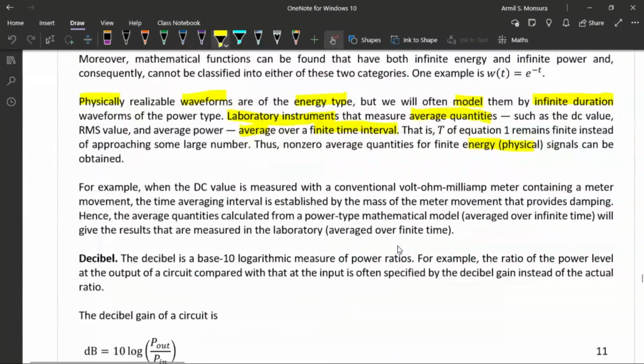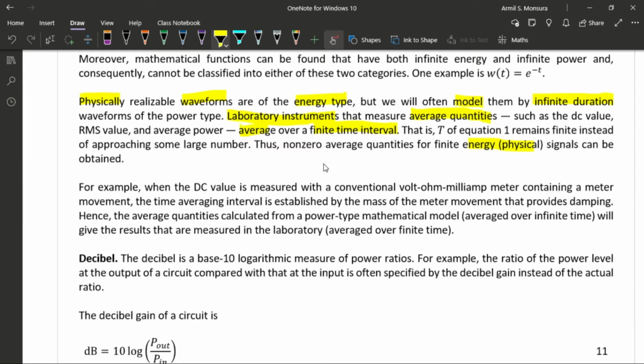So we have to be very careful with how we interpret the theoretical values and the instrument values. Anyway, these instruments work in a manner that assumes that your waveform is actually of infinitely long duration.